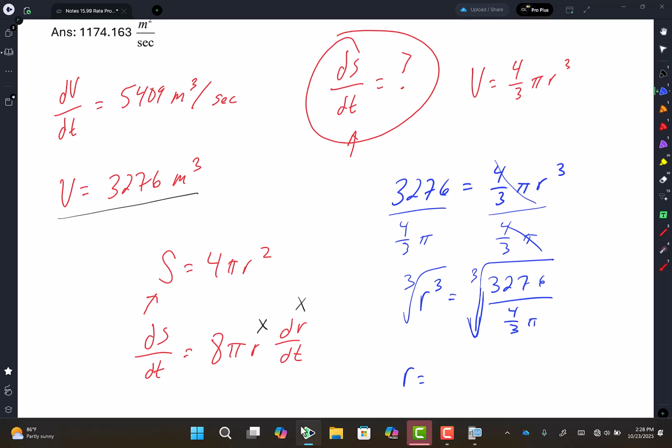You can do 3 times 3276 over 4 pi, but the pi stays there, like 4 pi over 3. Yeah, you can do that, as long as it's together with the 4.